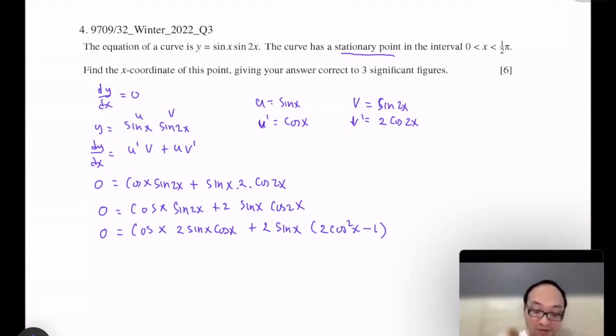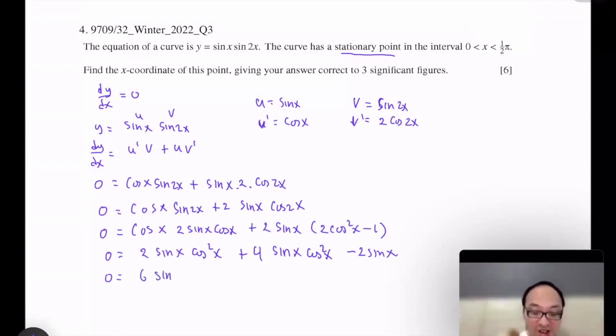Then I simplify: 2 sin x cos squared x plus 4 sin x cos squared x minus 2 sin x. So this equals 6 sin x cos squared x minus 2 sin x. And we can factorize 2 sin x (3 cos squared x minus 1).